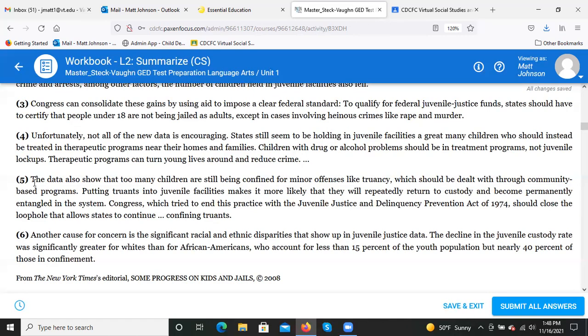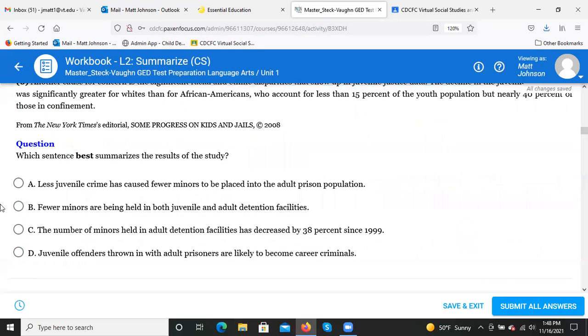Another cause for concern is the significant racial and ethnic disparities that show up in juvenile justice data. The decline in the juvenile custody rate was significantly greater for whites than for African Americans, who account for less than 15% of the youth population, but nearly 40% of those in confinement. And that was from a New York Times editorial, Some Progress on Kids in Jails, 2008.